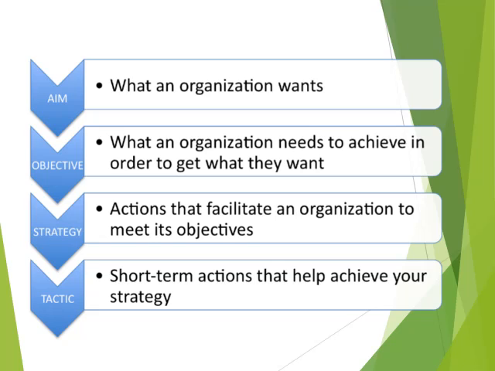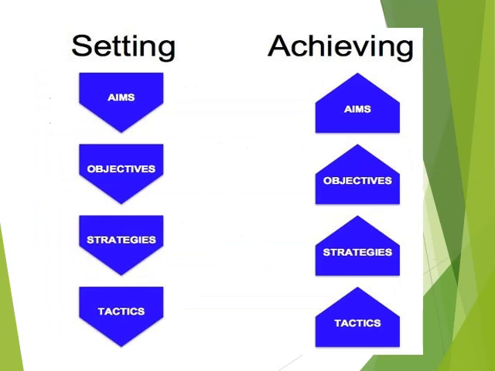Then the strategy helps an organization meet the objective. And finally, in the tactic part, the short-term actions help achieve the organization's strategy. This is the order of setting, but in achieving, the process is reversed, like this.